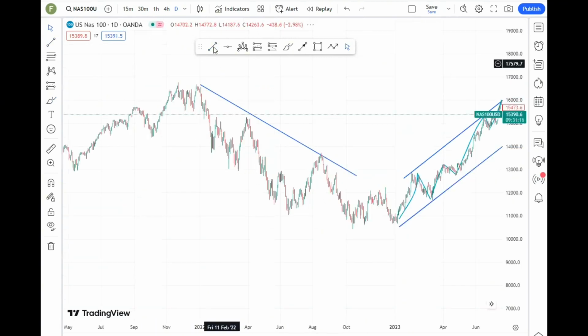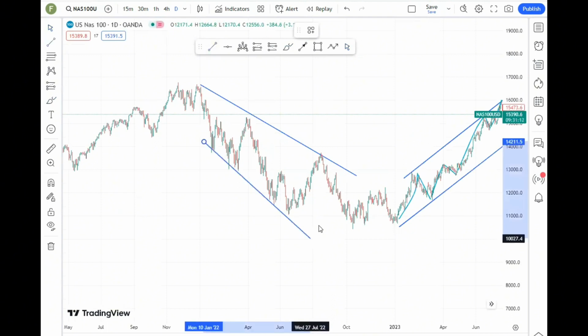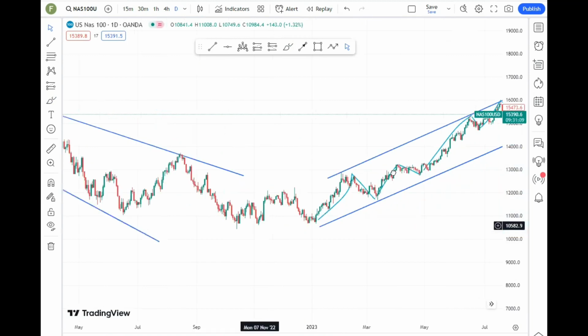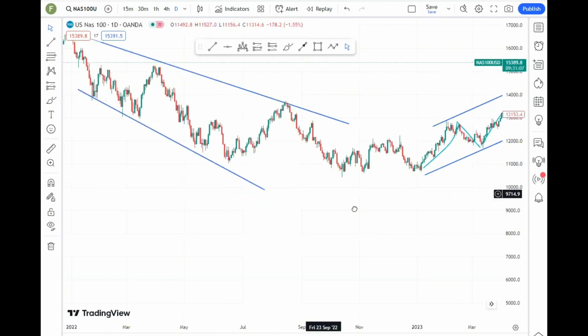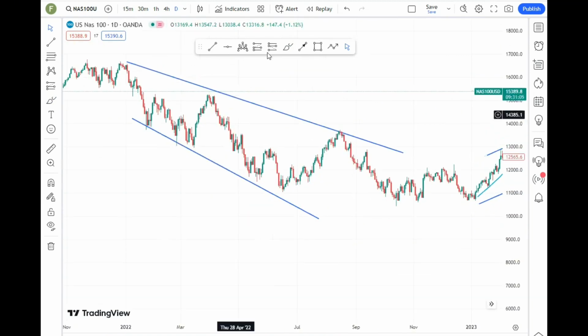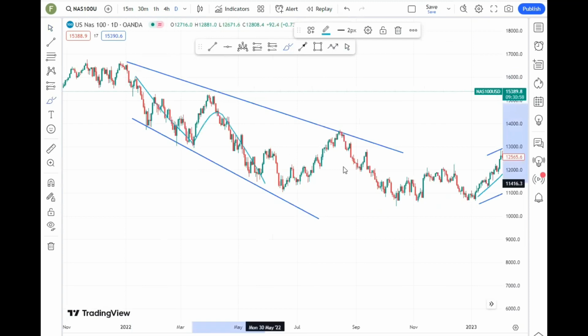As you can also see here, that it has been actually moving in sort of a bearish type formation.